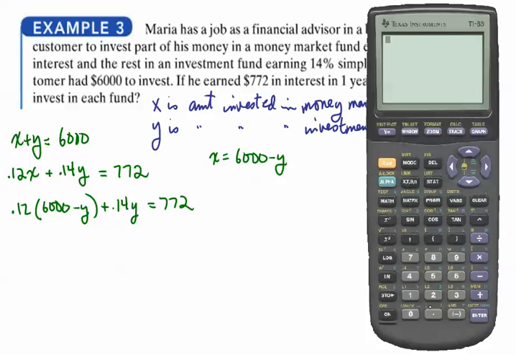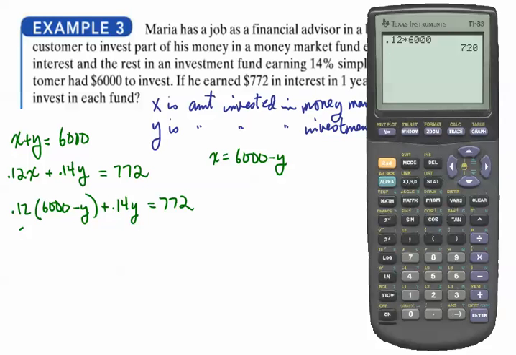So we have 0.12 times 6,000 is going to give us $720.